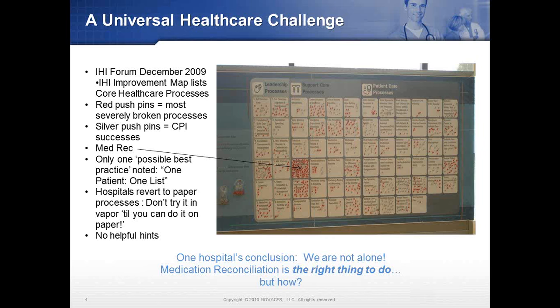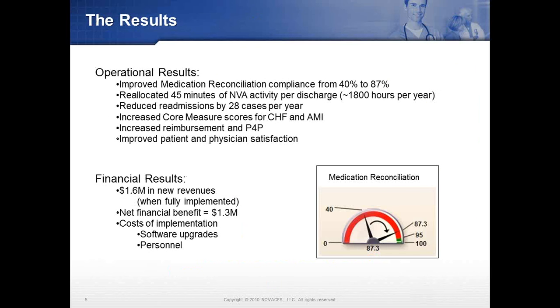And that brings up the old don't try it in vapor till you can do it on paper, and that's what this person actually said to me. So while I talked to many, many people at the conference about how they were addressing medication reconciliation, the only hint I got at any best practice was one patient, one list. Nothing else was really a clue as to how we might improve medication reconciliation at the hospital where we were doing this project.